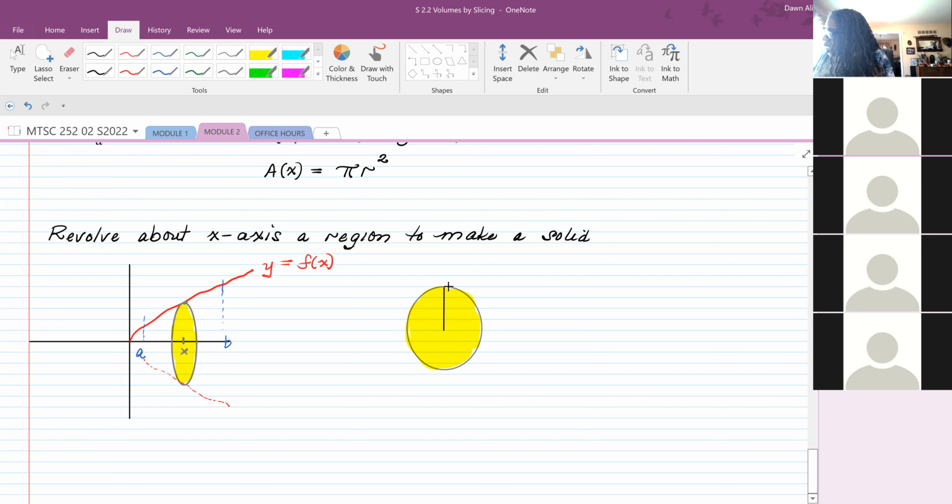Well, the radius is that length. So if I look over here, the radius is this length.